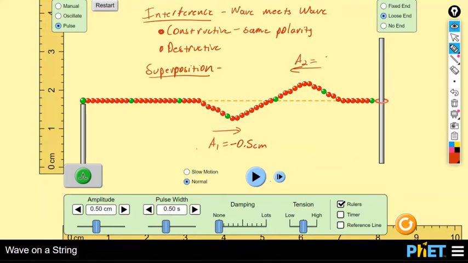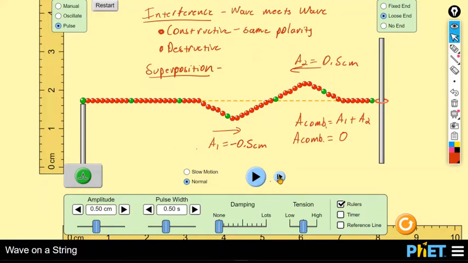So we're going to say A2, the amplitude of wave 2, is positive 0.5 centimeters. Now the superposition, the combined amplitude, when they overlap, when they interfere, should be A1 plus A2. And that should come out to be 0. That should be the combined amplitude when these two waves interfere. Let's see what happens.